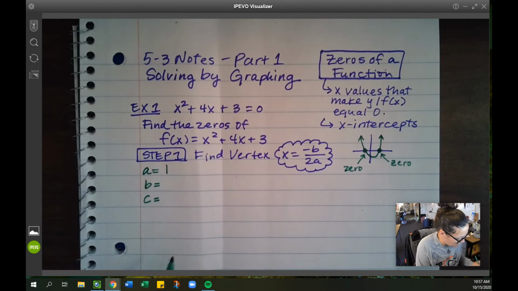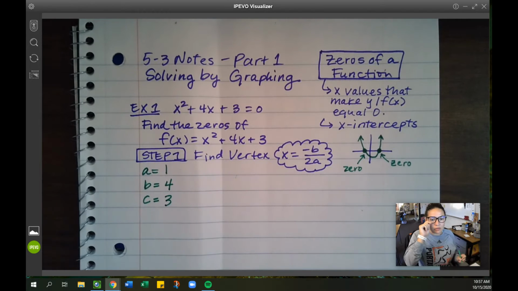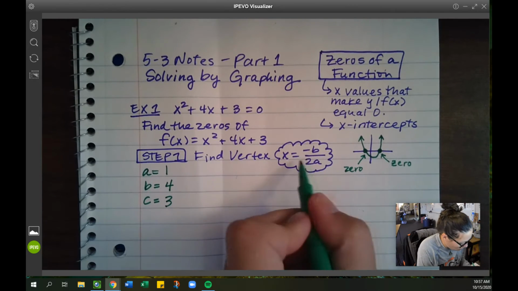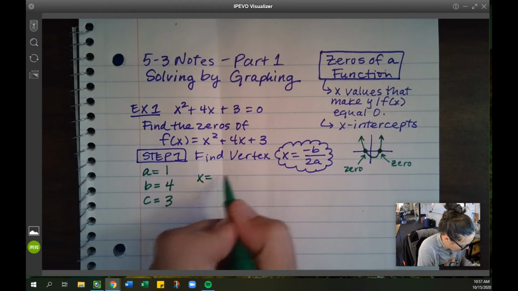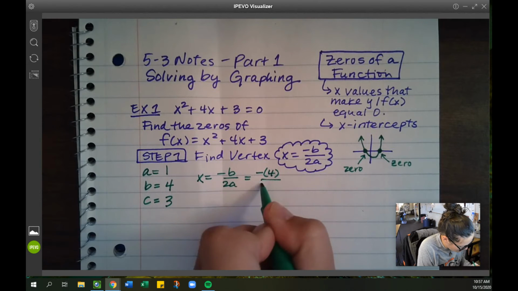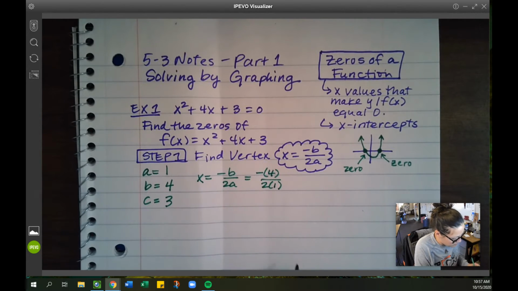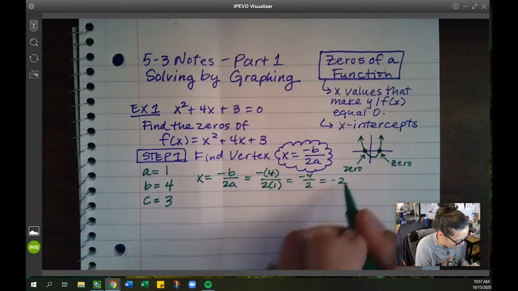A is 1 in this case, b is 4, and c is 3. So now I'm going to take those numbers and plug it into my formula. X equals negative b over 2a, which means I have negative 4 over 2 times 1, which gives me negative 4 over 2, which is negative 2.